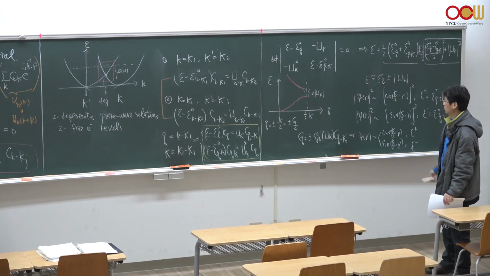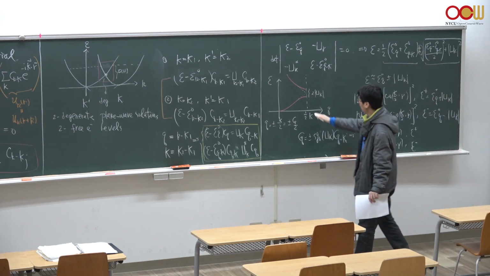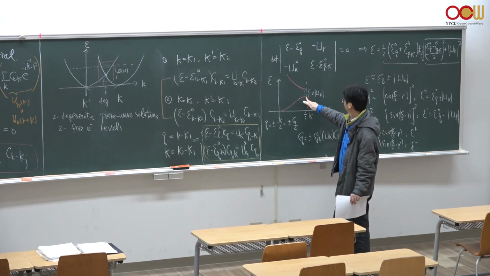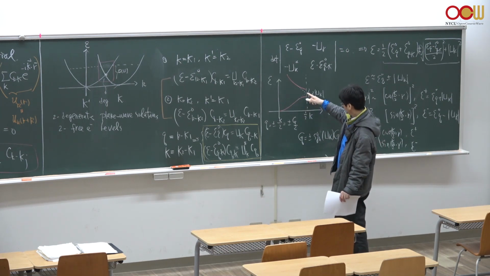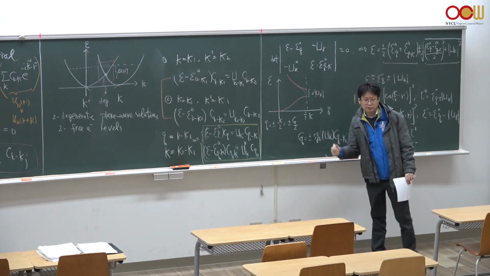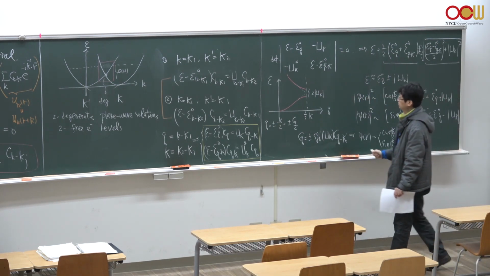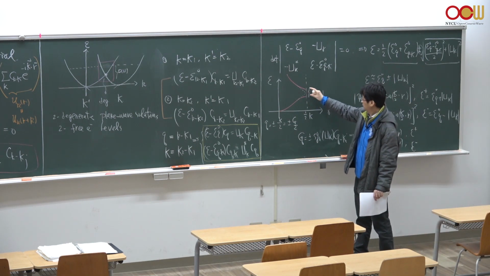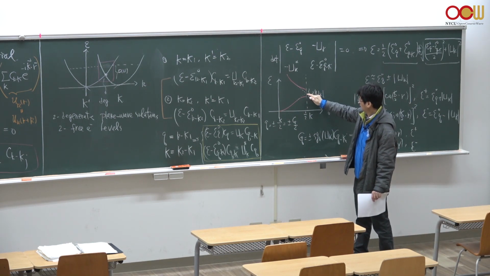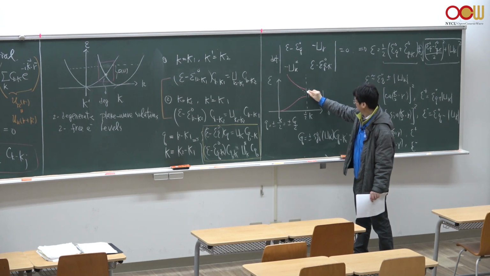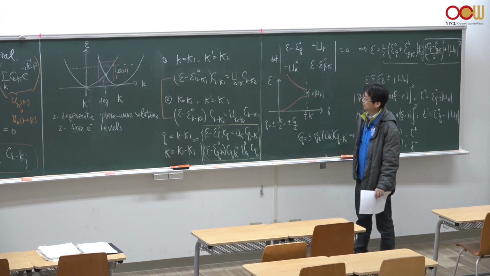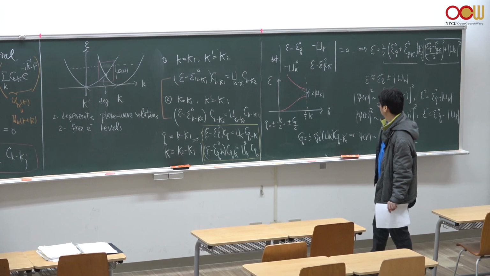Okay, and you immediately see that right at the edge of this band, the crossing point, the actual dispersion of the electron states gets split. They no longer meet right at that intersection point.